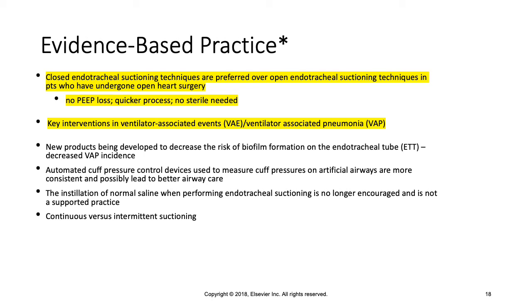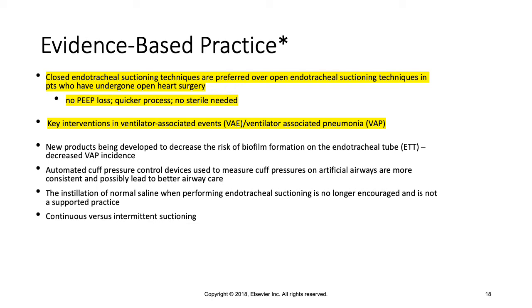Some of these interventions include keeping the head of the bed elevated at 30 to 45 degrees. That's going to decrease aspiration risk. Daily interrupting the sedation of the patient who's on the ventilator to assess their readiness to extubate, to remove the tube, come off the ventilator.